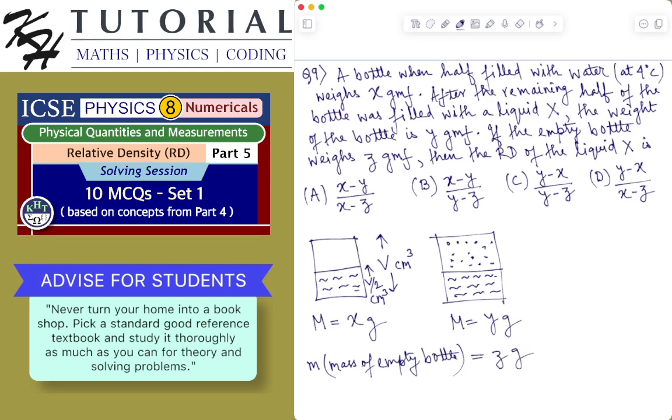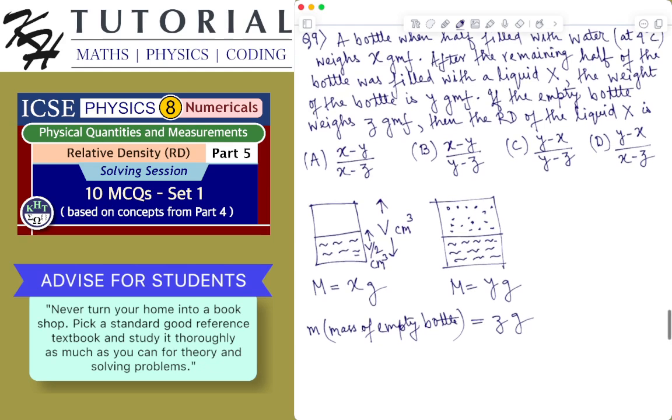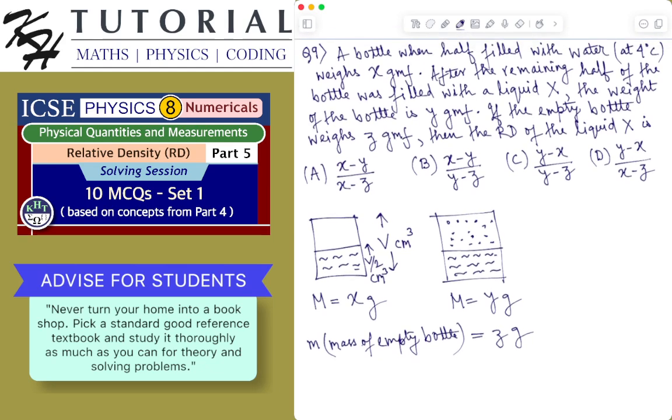It is given that the weight of the empty bottle is z gmf, so it means that the mass of the empty bottle is z gram. Okay, and I am denoting the mass of the empty bottle as small m. Then we have to find the relative density of liquid X. Now, how do we know the relative density of liquid X?